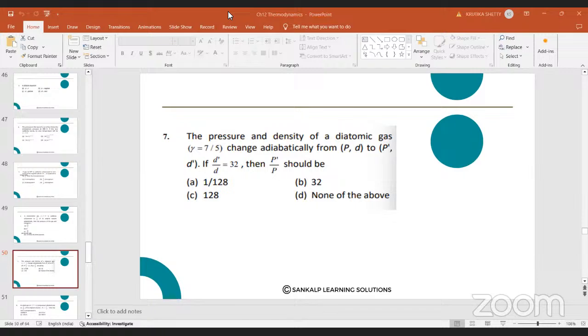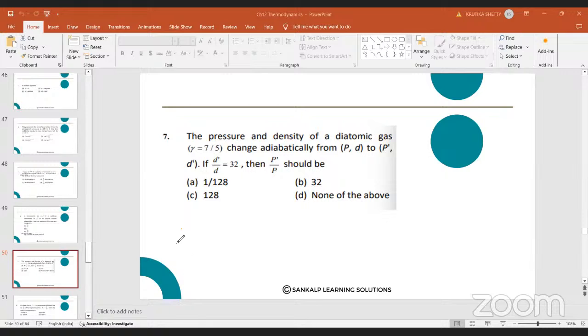So pressure and density of a diatomic gas, gamma is equal to 7 by 5. The density ratio is given, and they ask us to find the pressure ratio. So you already know the mass, pressure and volume relation. So let us see how to do this.